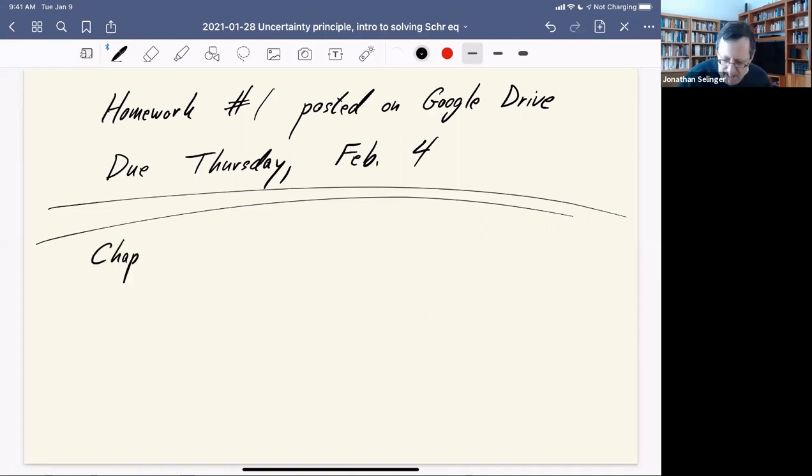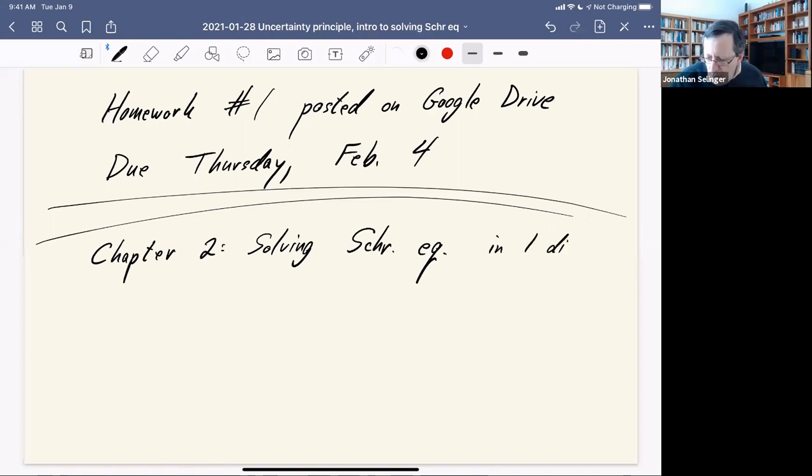So I'm going to begin talking about chapter 2, which is solving the Schrodinger equation, and in particular, solving the Schrodinger equation in one dimension. So if we just have the position in one direction, x, later on we'll extend that to solving Schrödinger's equation in 3 dimensions, x, y, and z.